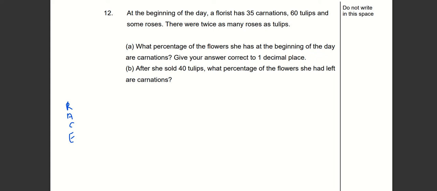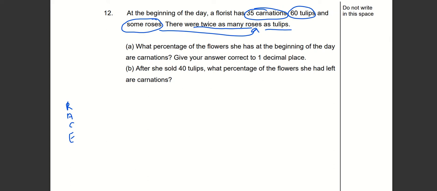Done my first reading. Let me go on to the next reading with some annotations, making little notes at the same time. So I have 35 carnations, 60 tulips, some roses. It's not said how many roses, but here's the tip about the roses: there are twice as many roses as tulips.